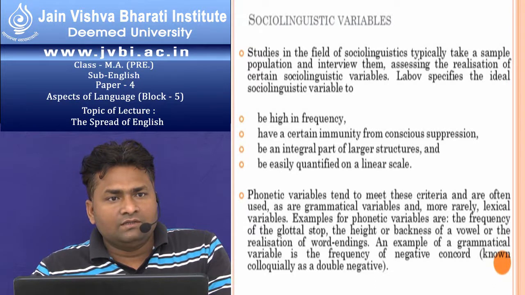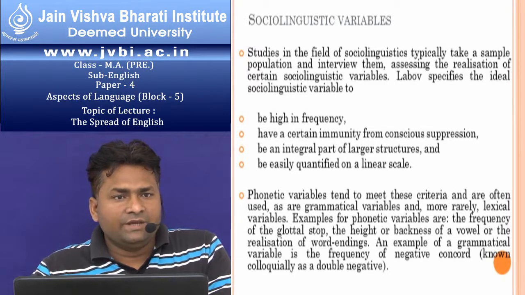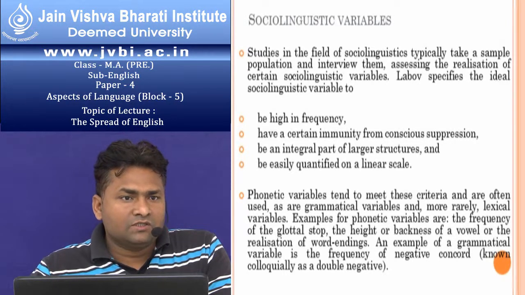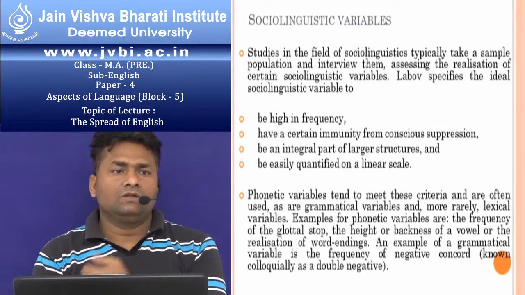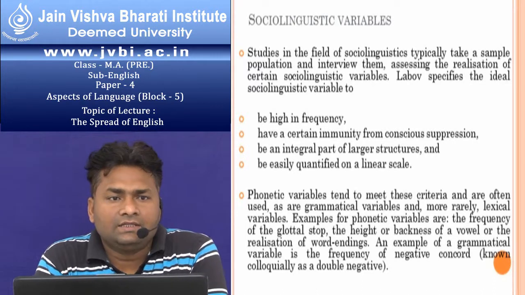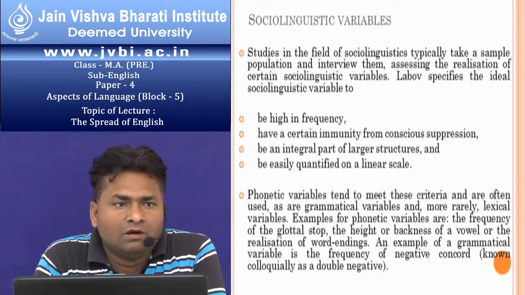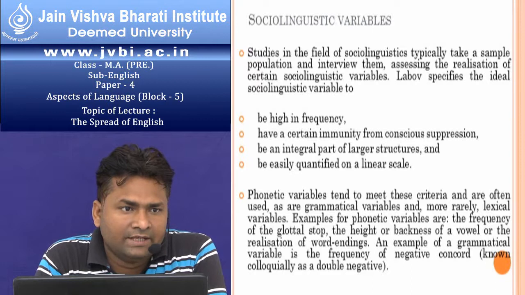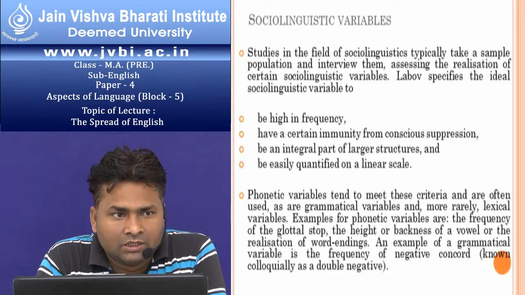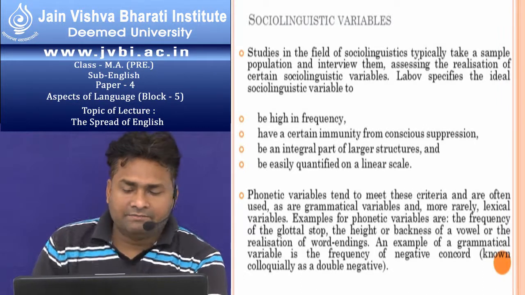Phonetic variables tend to meet these criteria and are often used, as are grammatical variables and more rarely lexical variables. Examples of phonetic variables are the frequency of the glottal stop, the height or backness of a vowel, or the realization of word endings. An example of a grammatical variable is the frequency of negative concord, known colloquially as a double negative.